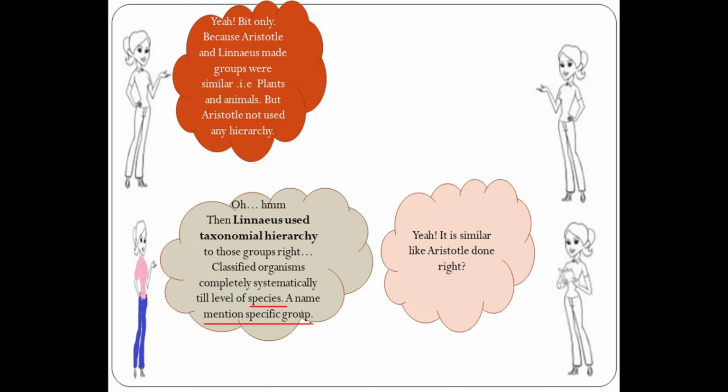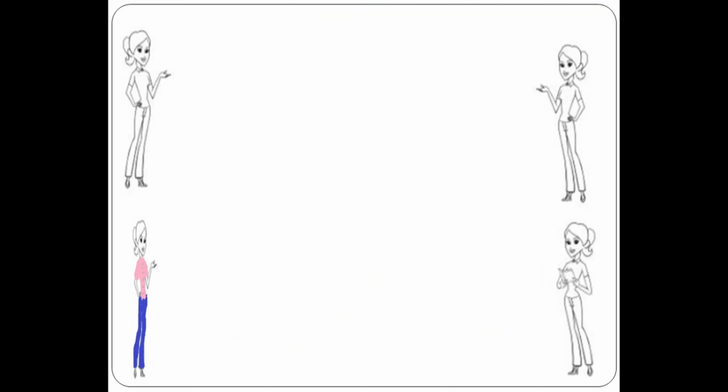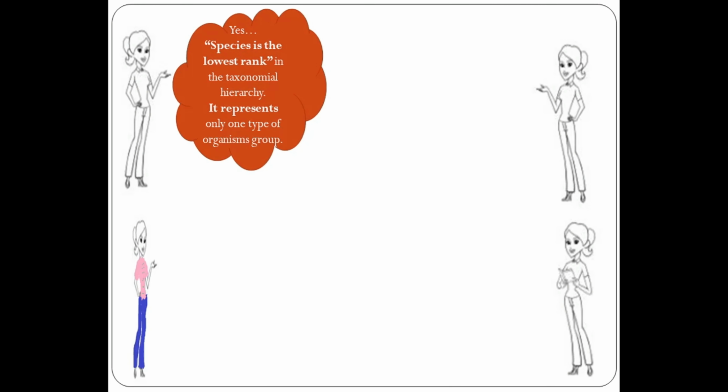A species is a particular or specific group of organisms showing similar characters with respect to species, that is, a group of living organisms with similar characters that can cross and reproduce fertile offspring.